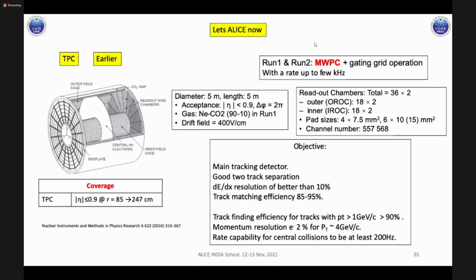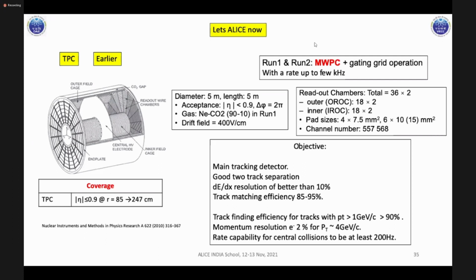And when I say multi-wire proportional counter, you remember how it works. With the multi-wire proportional counter, rate capability is an issue. The maximum rate one can handle is 3.5 kilohertz, right? Not more than that. But during Run 3, the LHC will deliver a rate of 50 kilohertz for lead collisions, so with this MWPC it cannot be done. Okay, we'll come back to it once again.